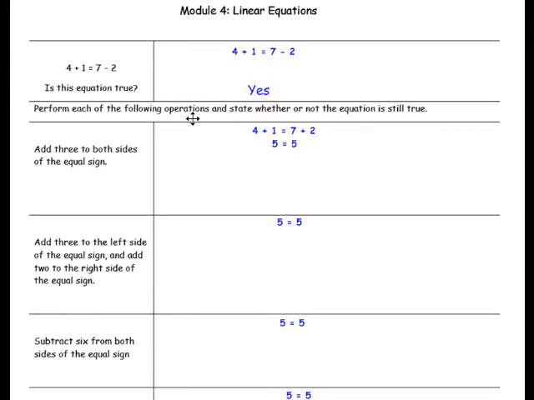Perform each of the following operations and state whether or not the equation is still true. So we start out with the above equation, 4 plus 1 is 5, and 7 minus 2 on the right is 5. And the directions say subtract 3 from both sides of the equal sign. Then determine whether the equation is still true.